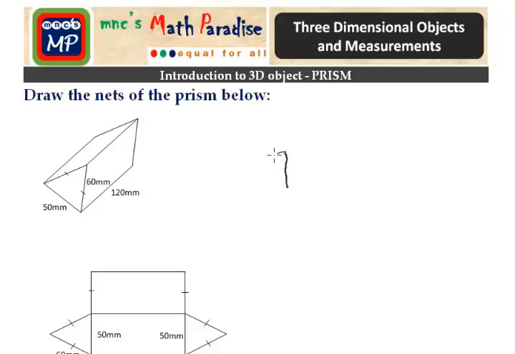If we draw this triangle first, where these two arms are equal, and this is our 50 millimeter edge, and these two are equal and 60 millimeter.